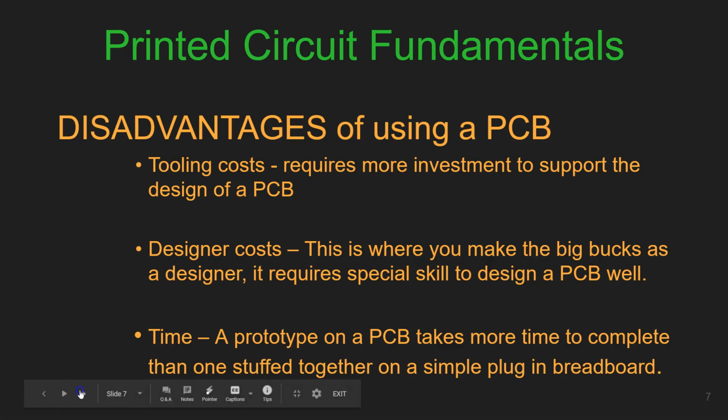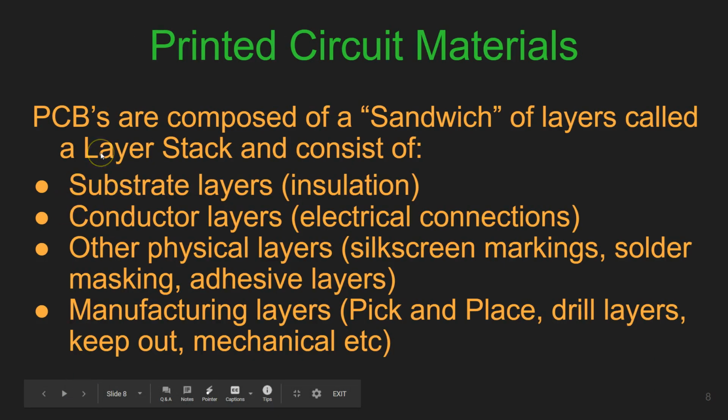Now moving on to the next slide. Here come the different materials used in making the PCBs. So here it's written, PCBs are composed of a sandwich of layers called a layer stack, and consist of substrate layer, conductor layers, and other physical layers and manufacturing layers.